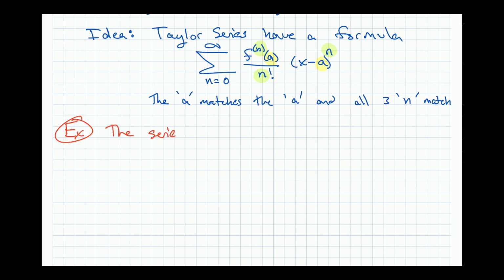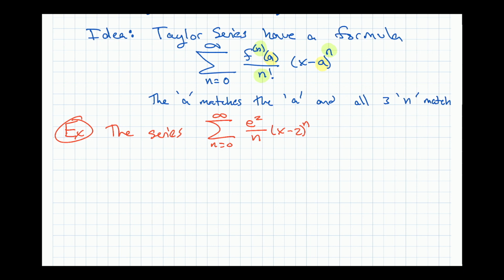Here's a series: e squared over n, times (x minus 2) to the n, from 0 to infinity. Actually, that's not how they word it.